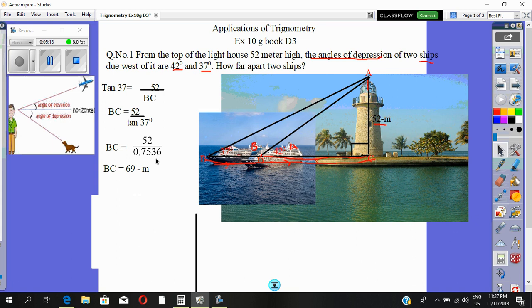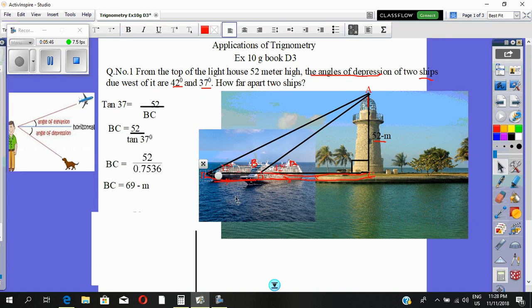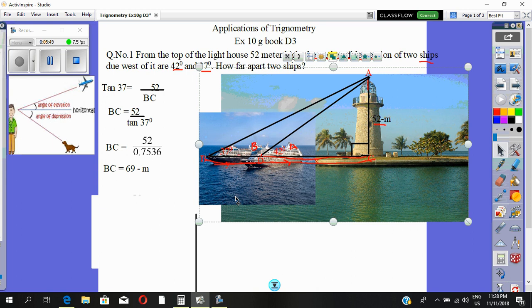We're supposed to round it to four decimal places, 0.7536. When we divide 52 by 0.7536, we get the answer, that is 69 meters. Means the total distance from B to C is 69 meters.